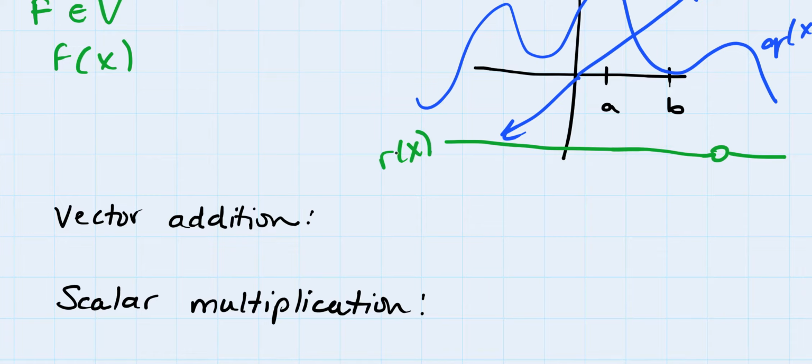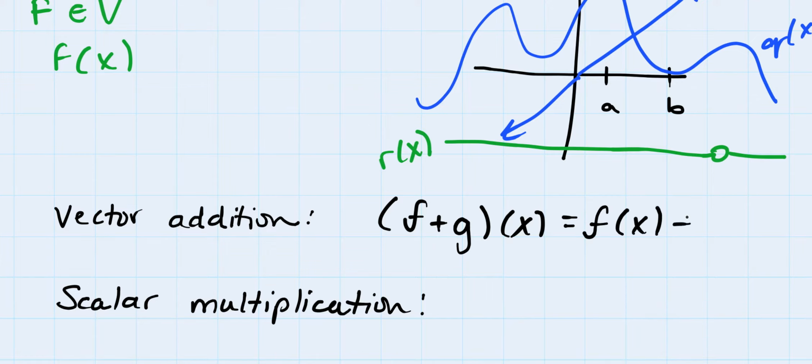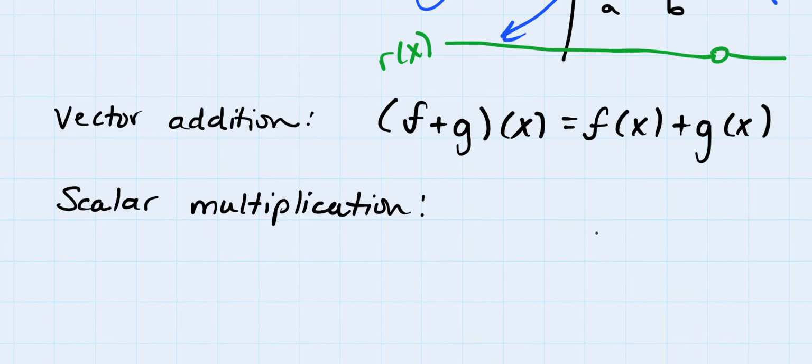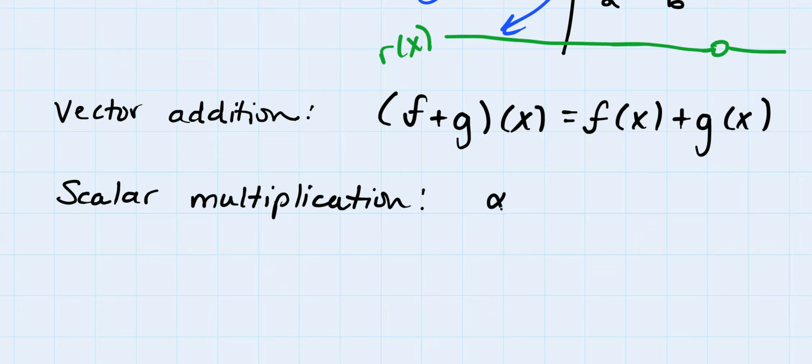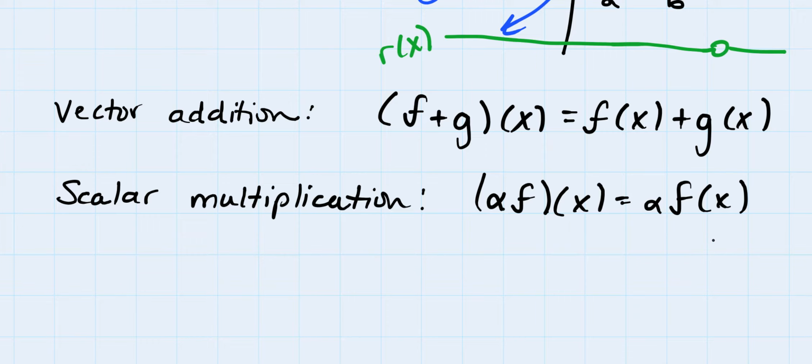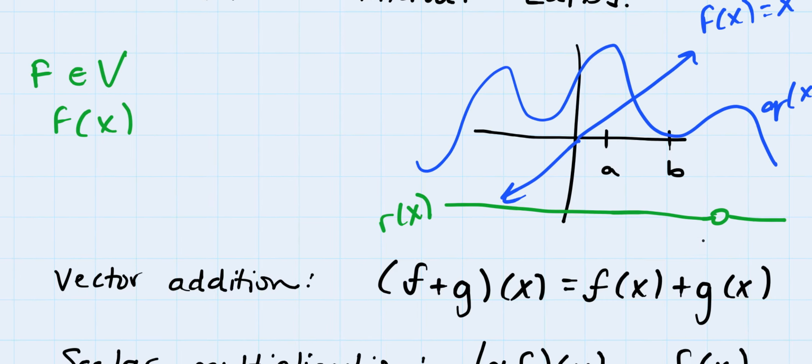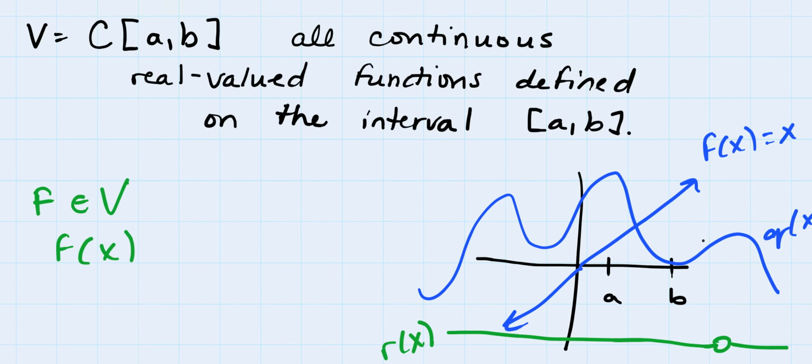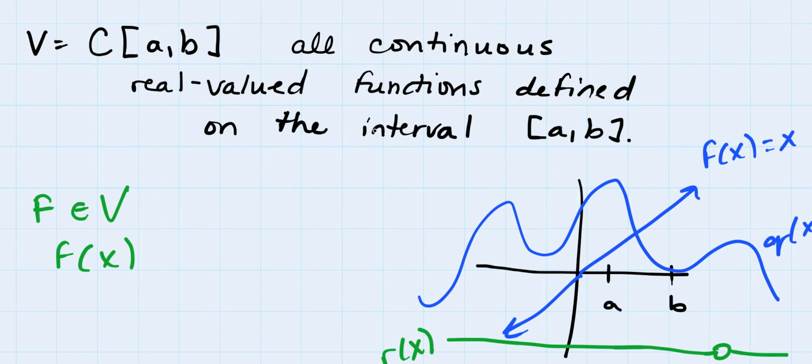So our vector addition is going to be f plus g of x is f of x plus g of x. And scalar multiplication, alpha times f of x is alpha times the function here, f of x. So the difference between this and polynomials, obviously, you don't have to have integer coefficients.